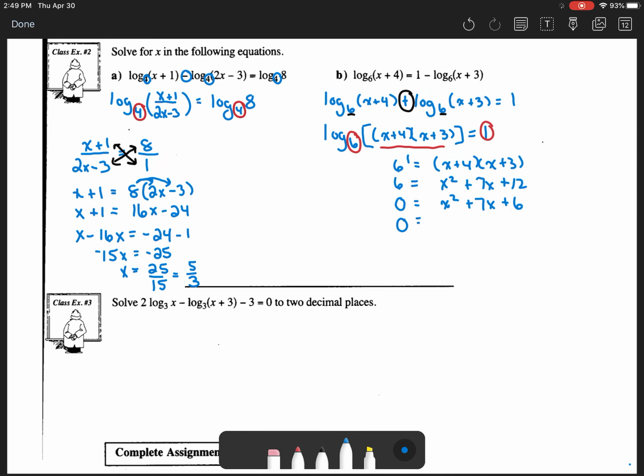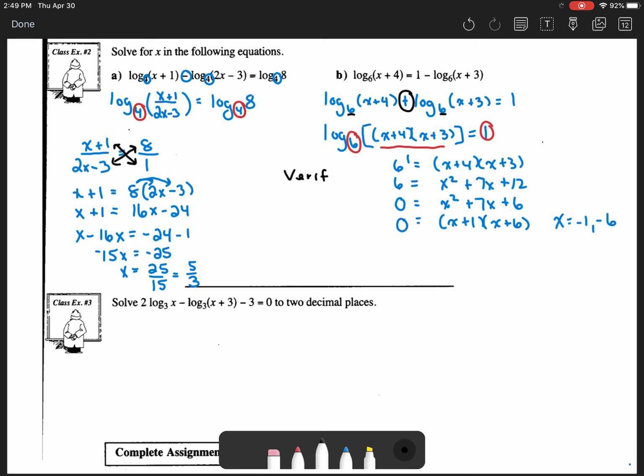Factoring that, multiply to 6, add to 7. That will be x plus 1 and x plus 6, which leads to two solutions of x equaling either -1 or -6. I do have to verify both of those solutions to make sure that they work. I will start with -1.